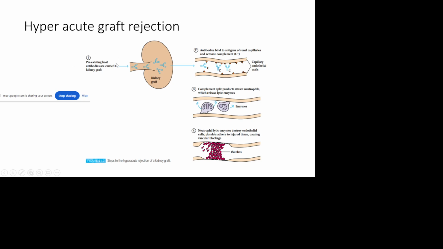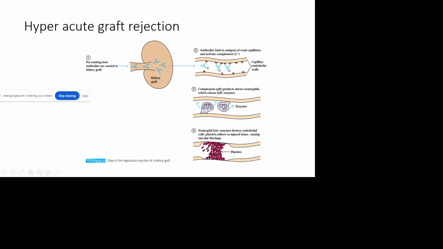And there is an example of hyperacute graft rejection in the kidneys. For example, if there is any pre-existing antibody in the host, it will be carried to the kidney graft, and this antibody will bind to the antigen on the renal capillary and activate the complement. As you know, antigen antibody complex activates the complement.